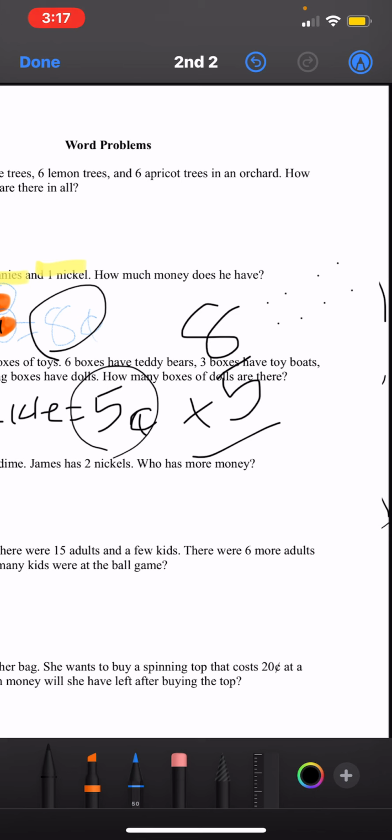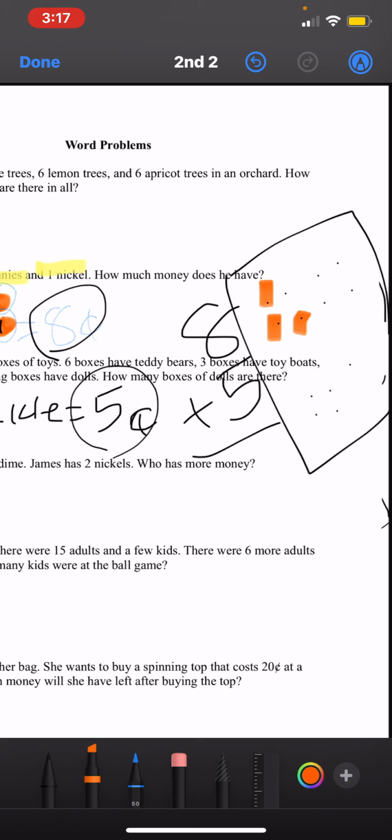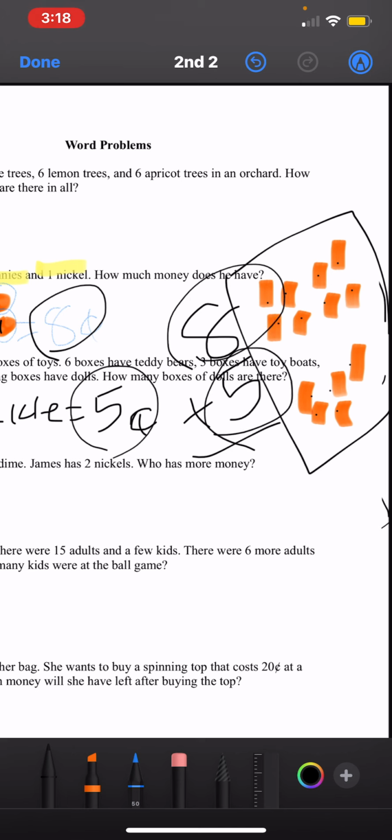And now for 5. 1, 2, 3, 4, 5. Let's combine those dots and count how many dots there are in the box. There's 1, 2, 3, 4, 5, 6, 7, 8, 9, 10, 11, 12, 13. There are 13 dots in the box, which tells us that 8 cents plus 5 cents equals 13 cents.